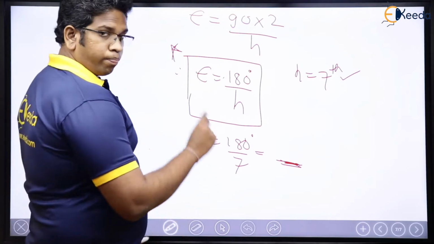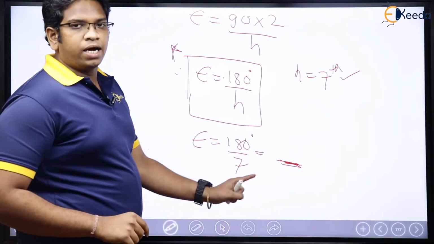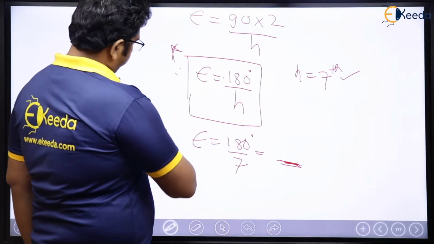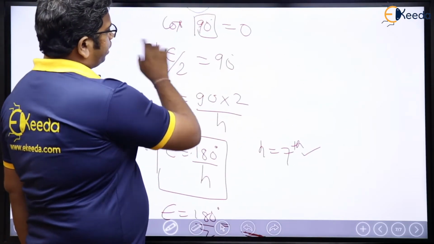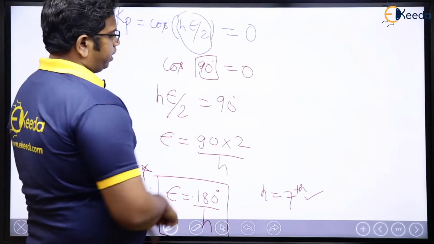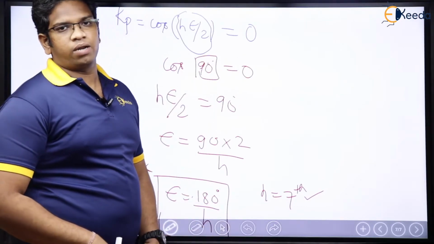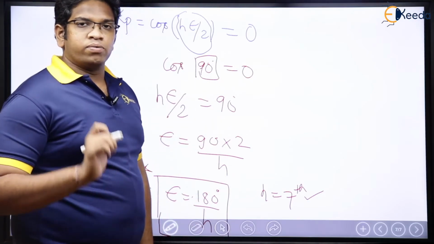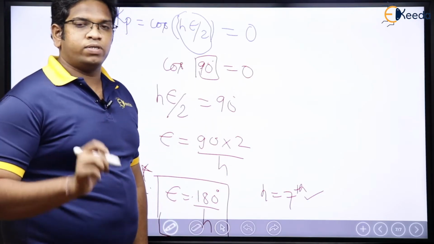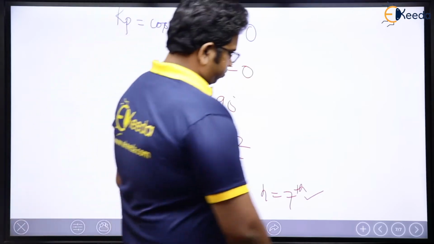Why? Because by making the short pitch angle according to the harmonic, Kp will become 0, and hence that particular harmonic can be removed. This is from the equation point of view. Now let us try to understand their physical significance.